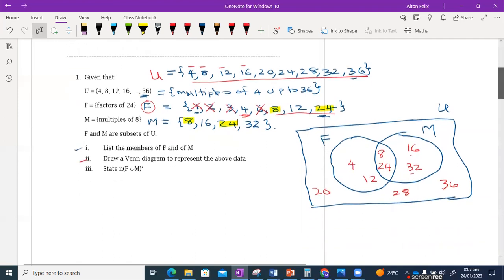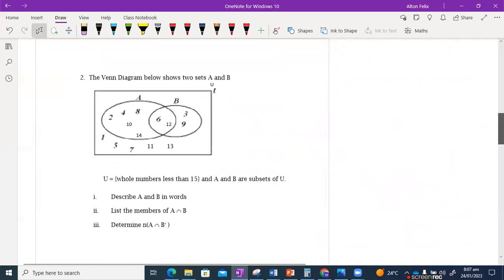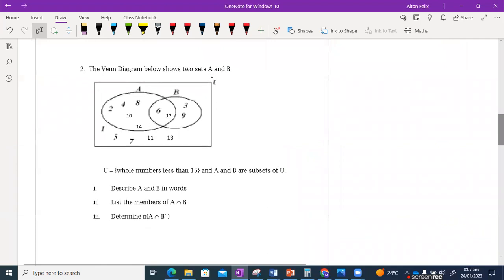Let's go to question number 2. Again, we are given a Venn diagram. Let's write out our set A and our set B. So let's list them.